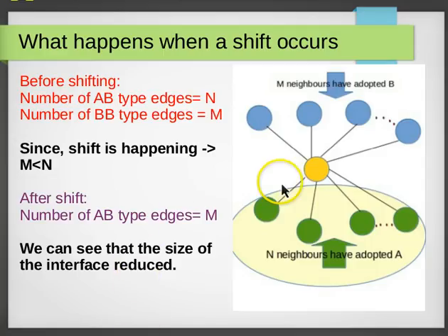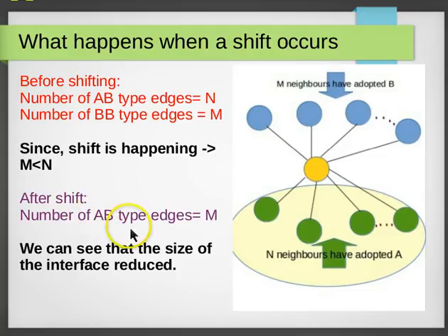So if the cascade capacity is 1 by 2, it means that the value of m should be less than n, because at least half of your neighbors should have adopted A in order for you to adopt technology A. So the value of m is less than n.